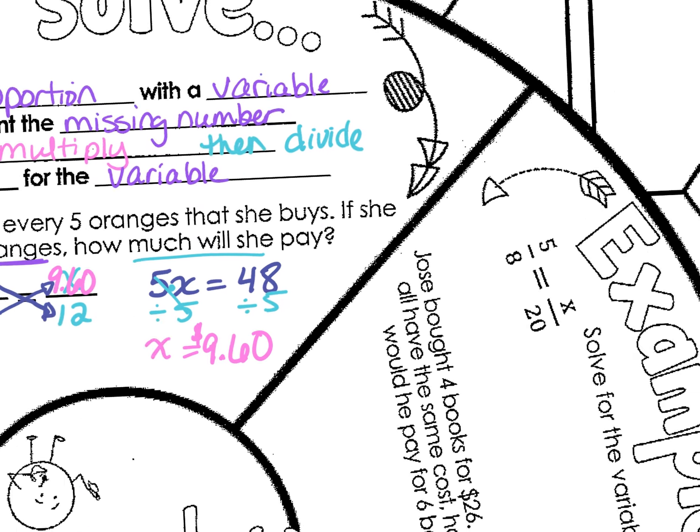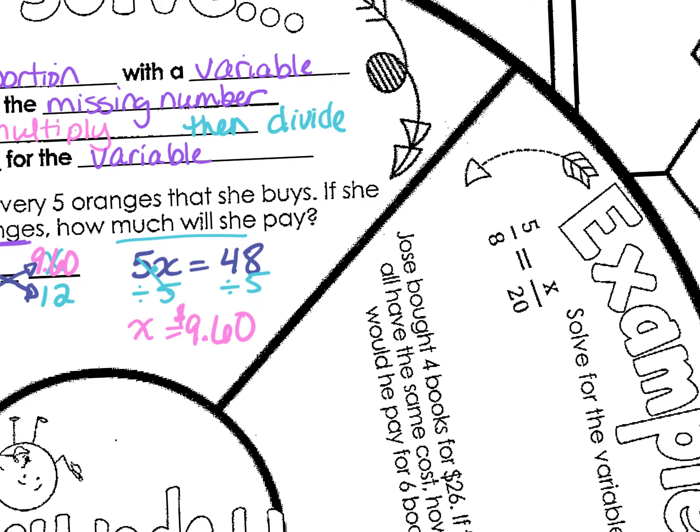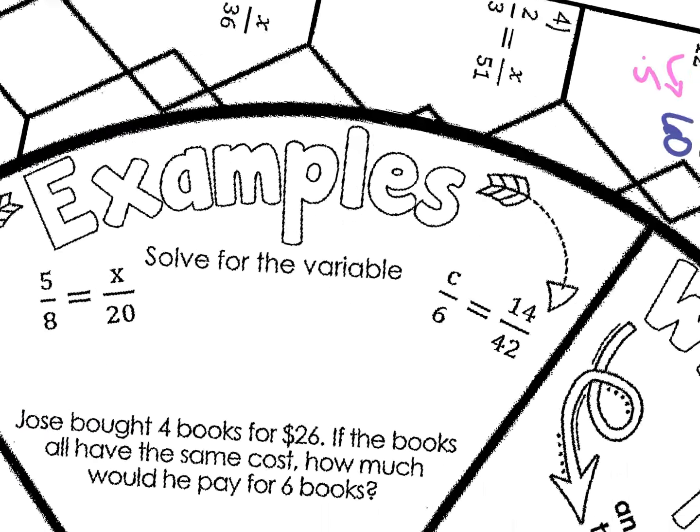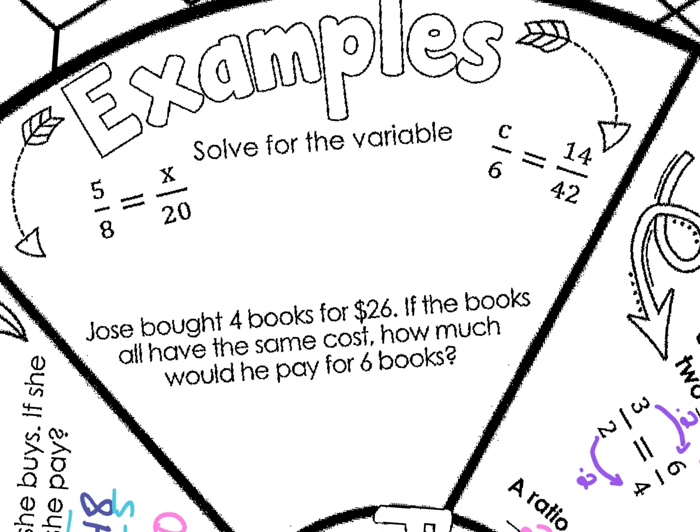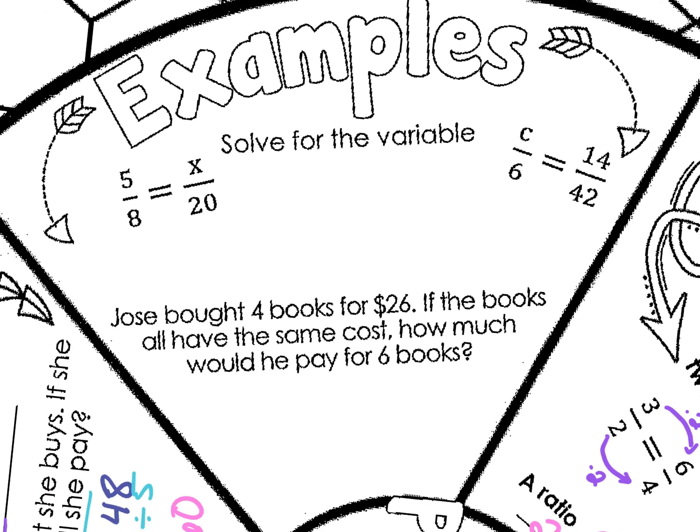Okay. So now let's look at some more examples, and there's some practice around the side that you're going to do. So we're going to solve for the variables here. Again, we're just going to cross multiply. I generally start with my variable and I go across to the number. So 8 times x is 8x equals, and then I cross the other side. 5 times 20 is 100.